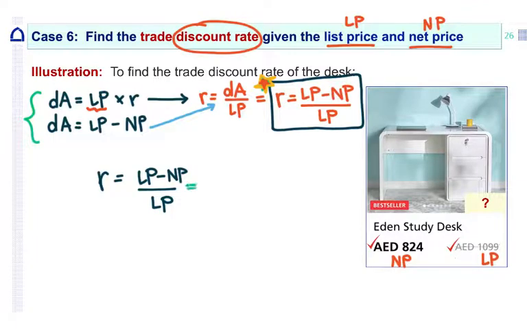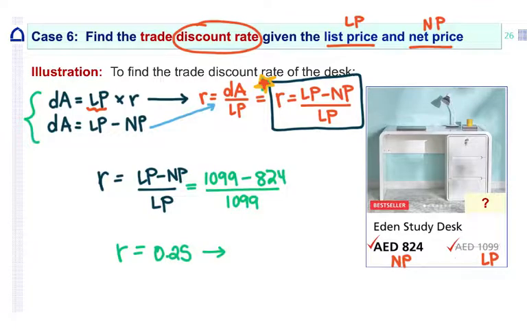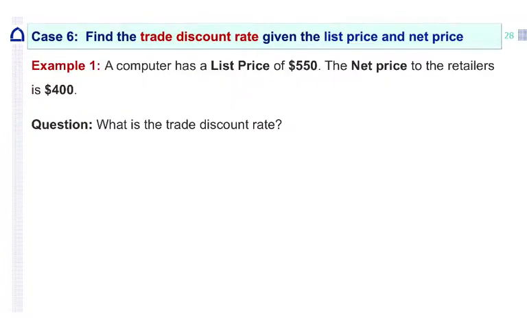We will plug in those numbers. $10.99 minus $8.24 divided by $10.99, and we will get a discount rate of 0.25. And as you remember, to turn a decimal into a percentage, you just multiply by 100, so that means 25% off.